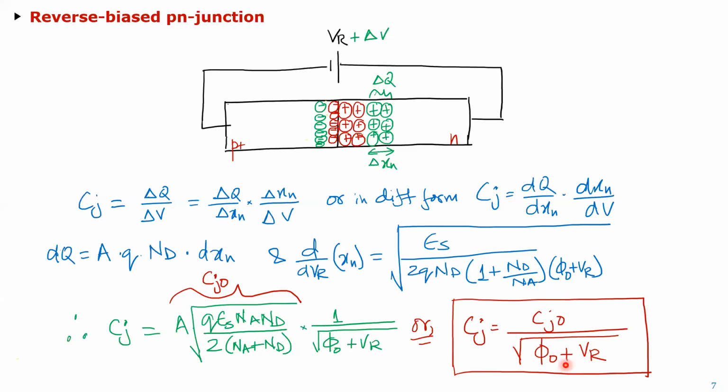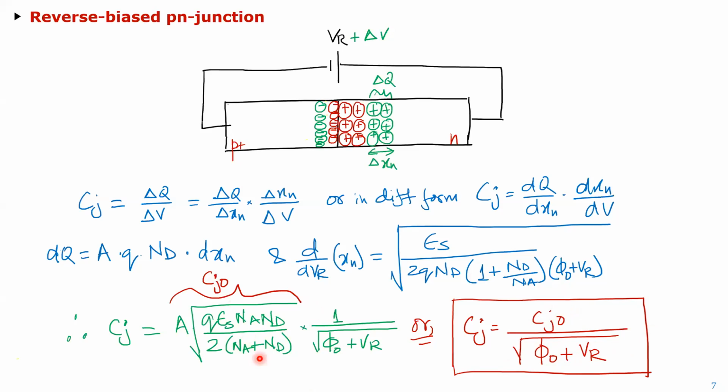And I think in my first lecture, I gave this as 1 plus VR over phi naught, which means that this phi naught is included in CJ naught. Depending on which book or literature you read, it might be in different forms. So just be aware: if you see somewhere it's written 1 plus VR over phi naught, that means the phi naught is actually included in this CJ naught. If it is not, then it's just this quantity here.